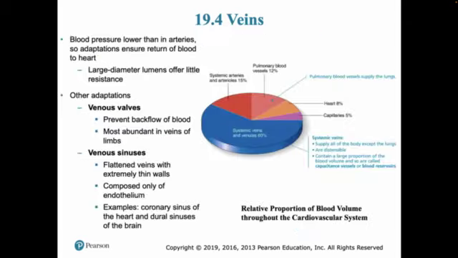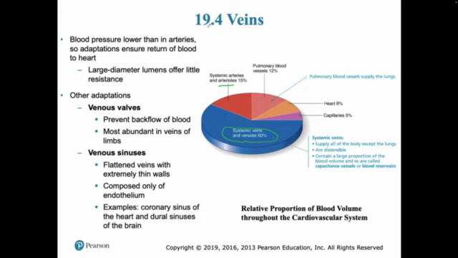If we split up blood storage, the systemic veins and venules have the most blood. Arteries will have approximately 15%, the heart itself will store 8%, and capillaries 5%. The pulmonary vessels, which connect to the lungs, will store approximately 12%.